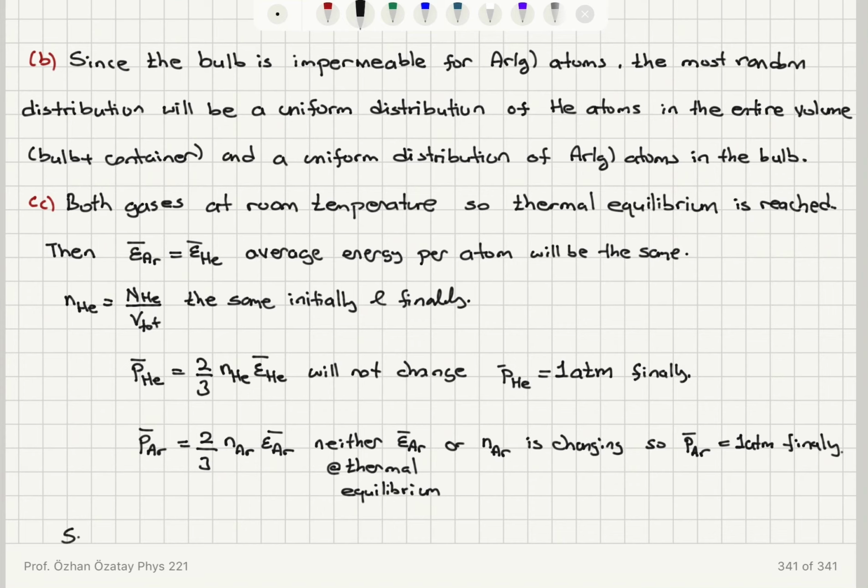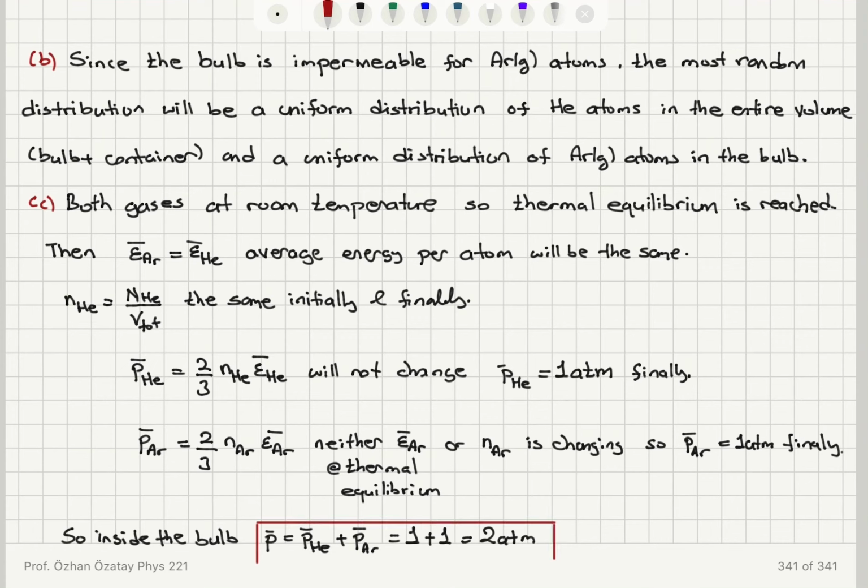So inside the bulb, what will be the total pressure? We have the partial pressure of helium plus the partial pressure of argon, which is 1 atmosphere plus 1 atmosphere, so the answer will be 2 atmospheres for the pressure inside the bulb.